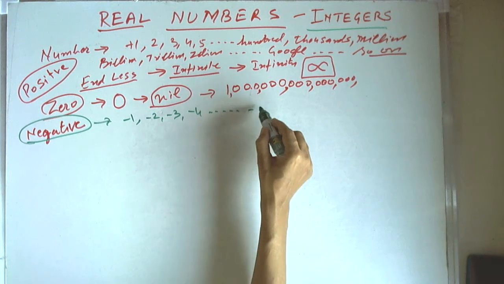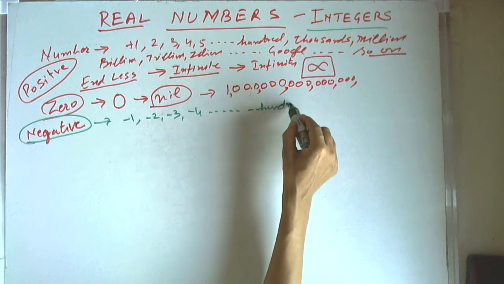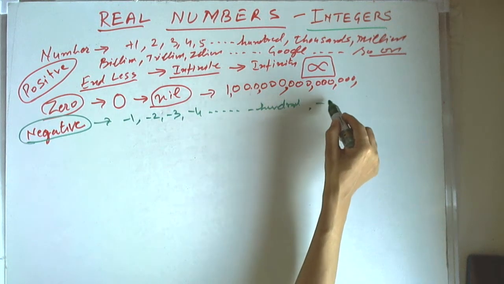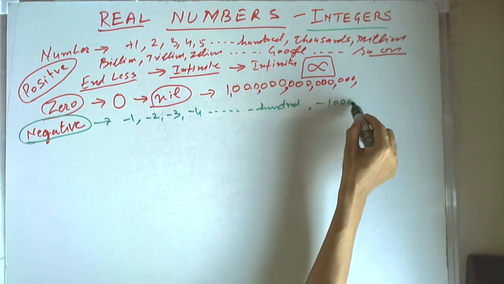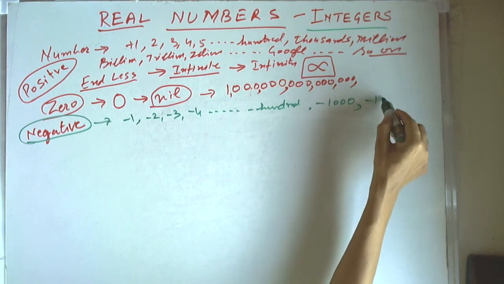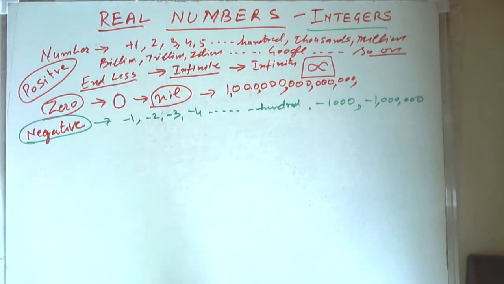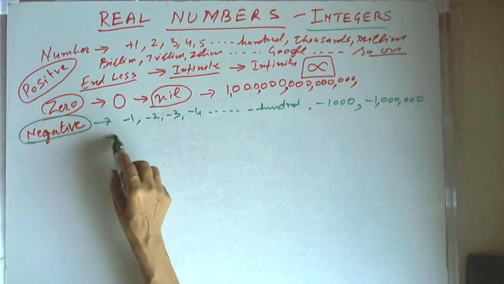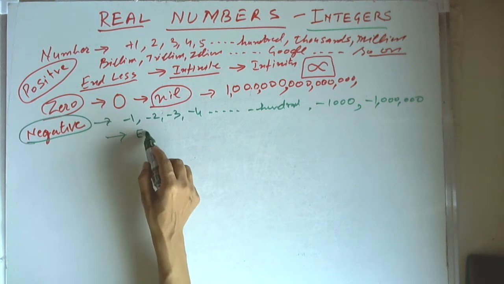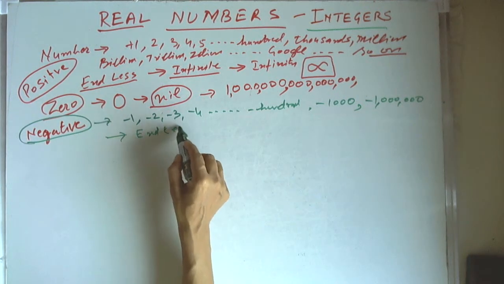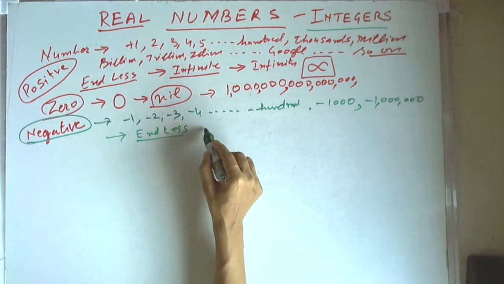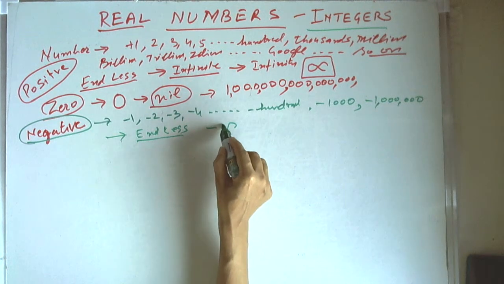Again it will be -100, and then -1000, and then minus million, minus billion, and so on. Again this will also be endless, and it is going to minus infinity.